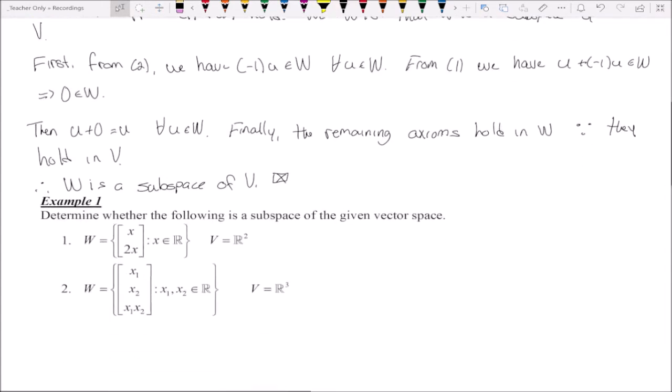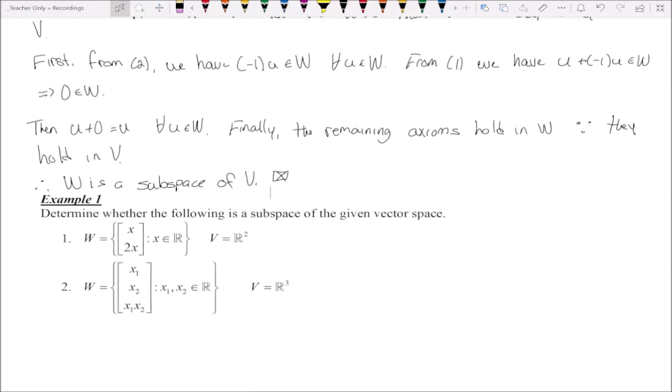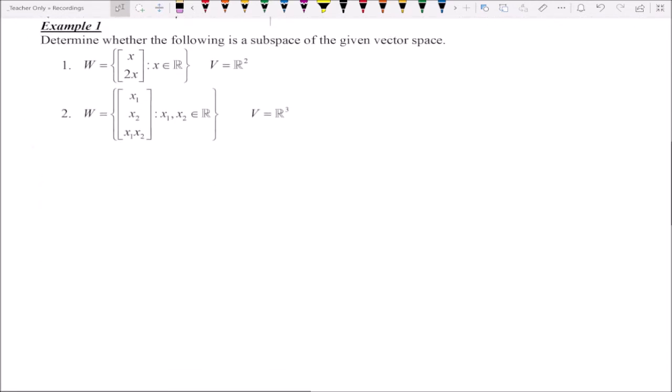Right, now we're going to say we have two sets W with two given vector spaces. We want to determine whether each is a subspace. So first we're looking at the vector space R2. Right? And W is the set of vectors (x, 2x) such that x is a real number.